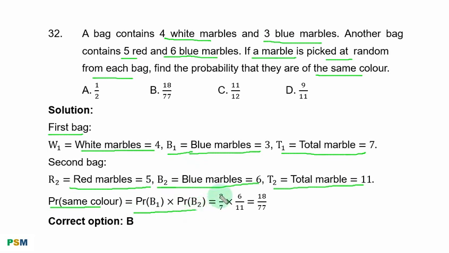That is 3/7. The first bag, you have 3 marbles over a total of 7, times the second bag, 6 marbles that are blue over the total of 11. When you multiply, you have 18/77. The correct option is B.